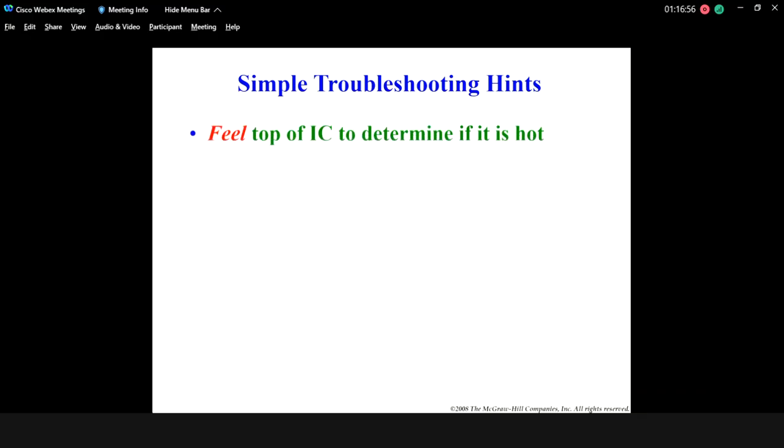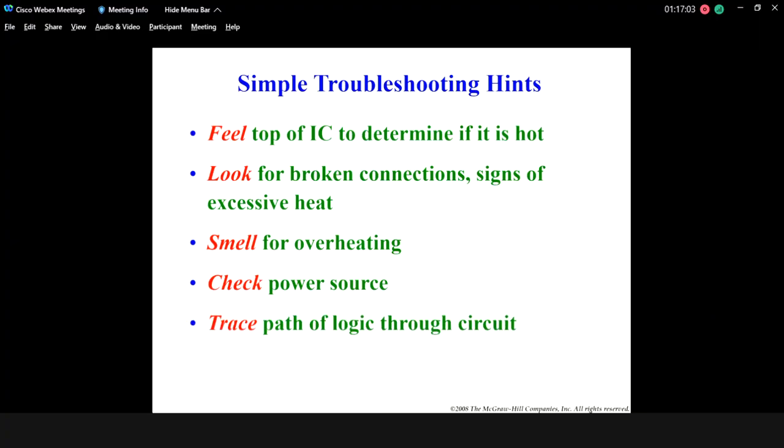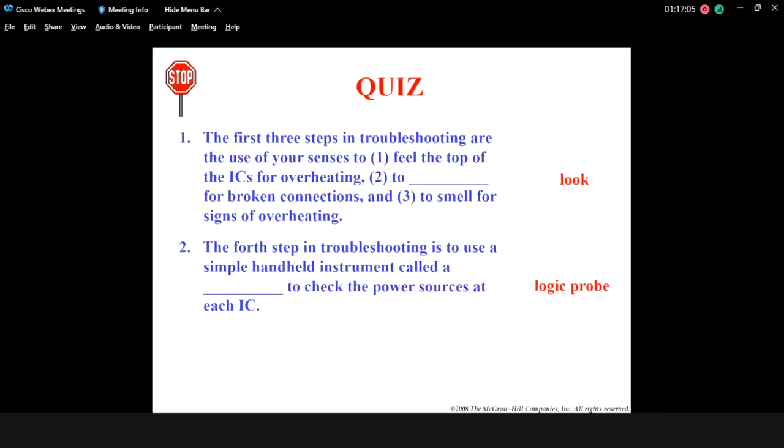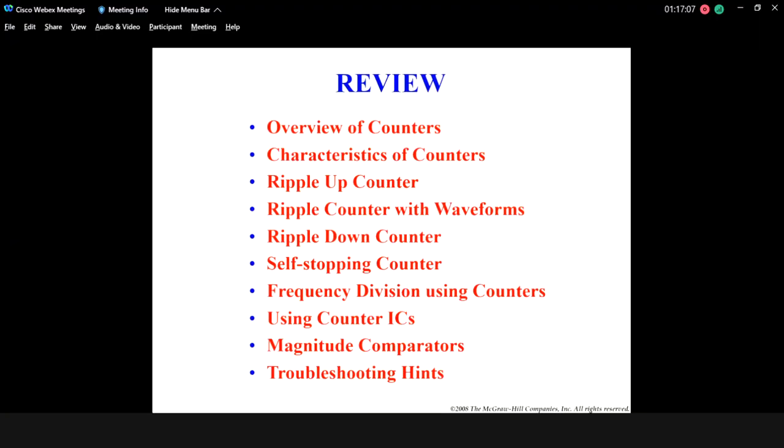Okay. And then the simple troubleshooting I already shared with you previously. So that's all for the counter.